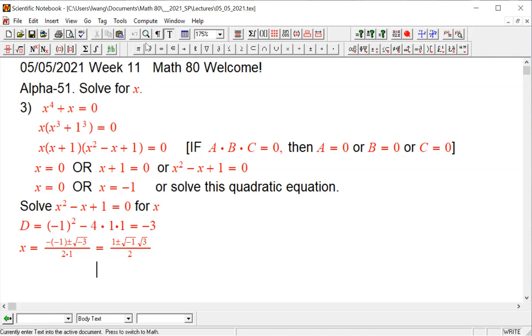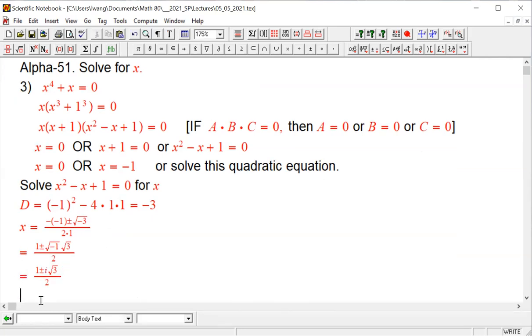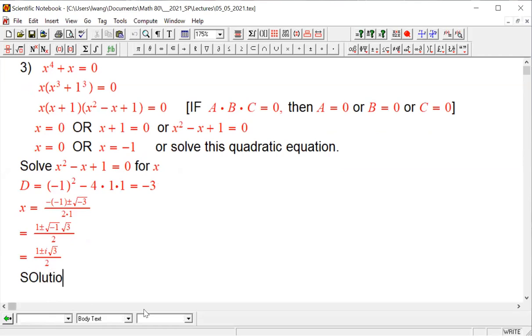It's the square root of negative 1, right? So this guy is an i. Okay, so we got our 2 other roots. So finally, the solutions will be what? x equals to 0, negative 1, or these 2. 4 solutions.